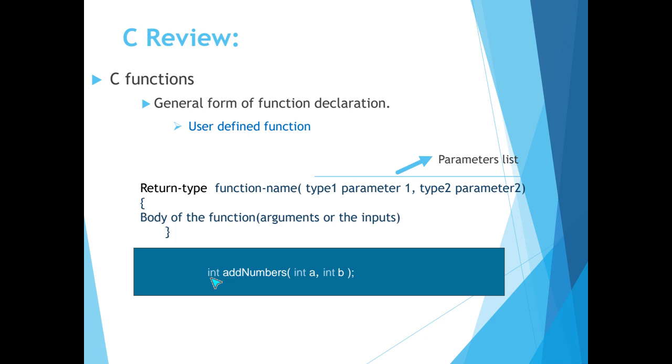Int is related to integer numbers. However, if we want to use the return type as char, we should use char, or short int, long int, float, double, and so on. So here the return type is an integer number.